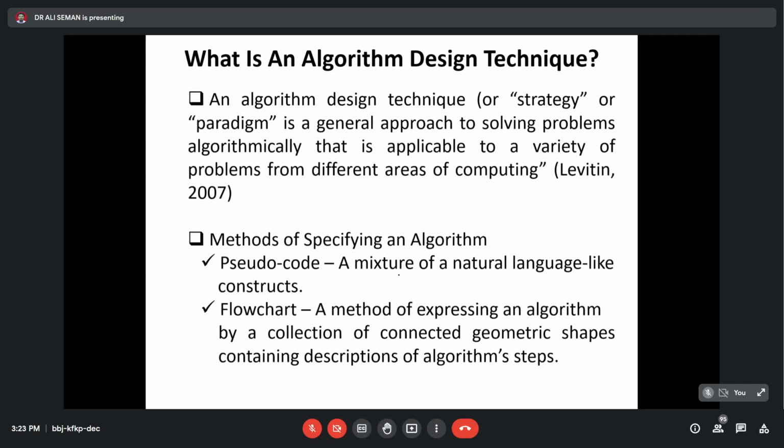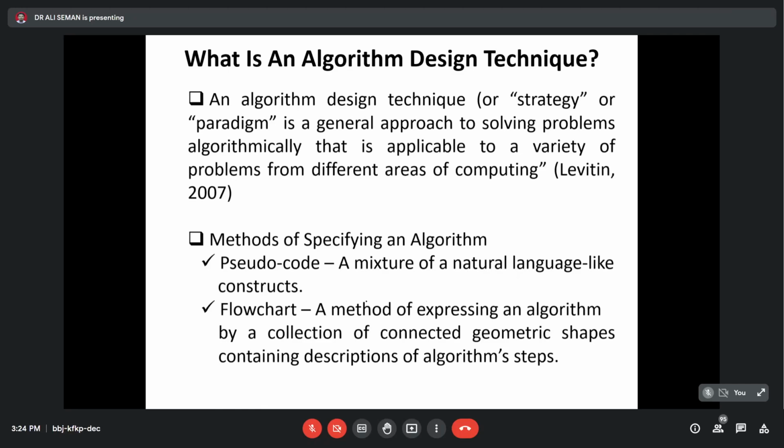Or you can specify the algorithm by using a flowchart, a method of expressing an algorithm by a collection of connected geometric shapes containing descriptions of algorithm steps. In practice, we may start with a flowchart first to get the idea: start, input, process, output, and finally with that flowchart, you translate into pseudocode where you put step 1, step 2, and so on.